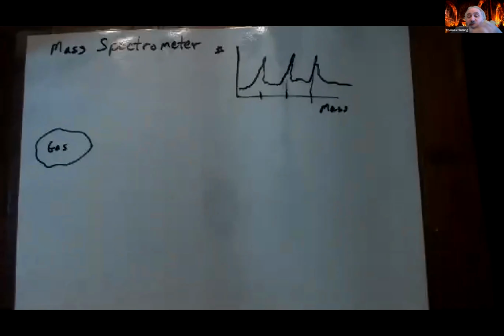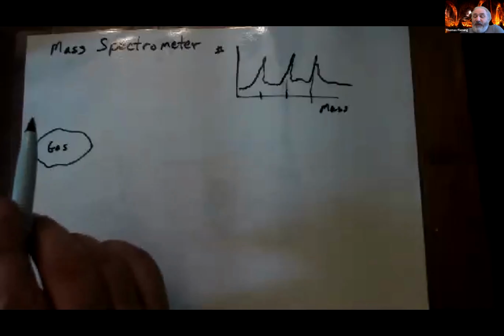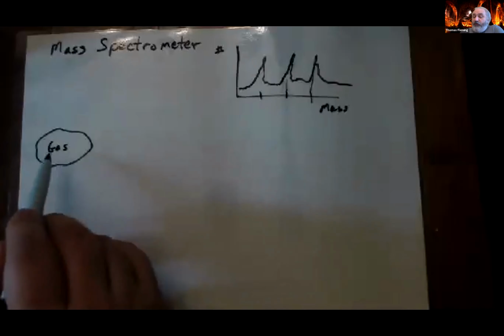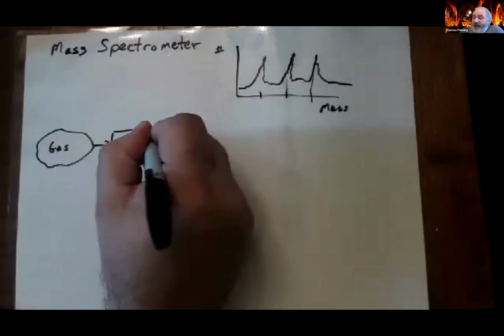Maybe it's the stuff coming out of that oil well, and maybe some of it is methane, some of it is octane, some of it is pentane, all kinds of weird, crazy organic molecules. And you want to know how much of each kind you've got so that you can figure out whether you've got oil. Now, the first thing I need to do is make sure that this gas is charged. So what you're going to do is send this gas through an ionizer.